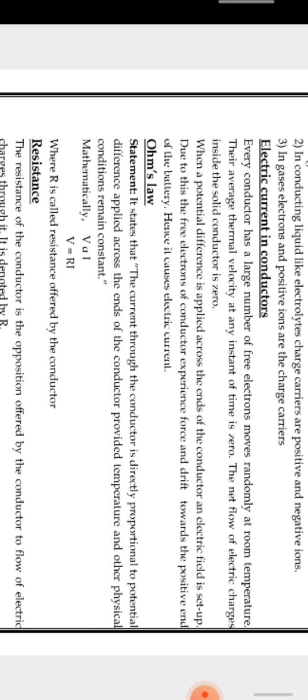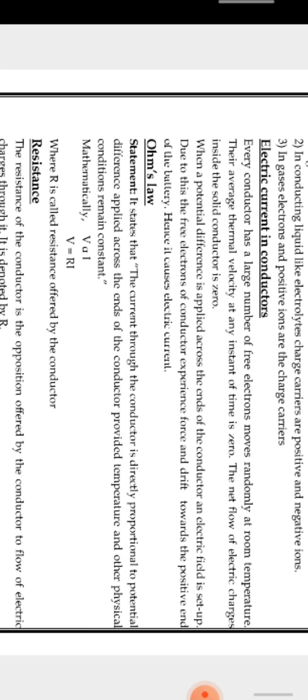In conducting liquids like electrolytic solutions, charge carriers are positive and negative ions. For example, in ammonium chloride, NH4 plus and Cl minus, one positive ion and one negative ion are there. Both are charge carriers.